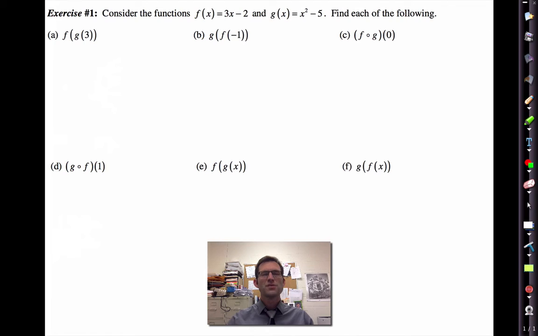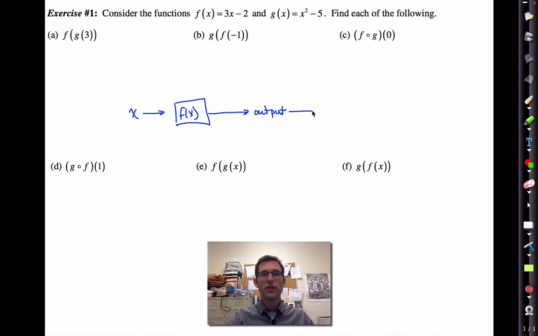All right, so the composition of functions, before we even get into this first exercise, is kind of a simple idea. The idea of a function is you put an input in and you get an output out. So forget about these two in general. The value of x goes into some function, let's call it f of x. That spits an output out. I don't really even want to call it y right now.